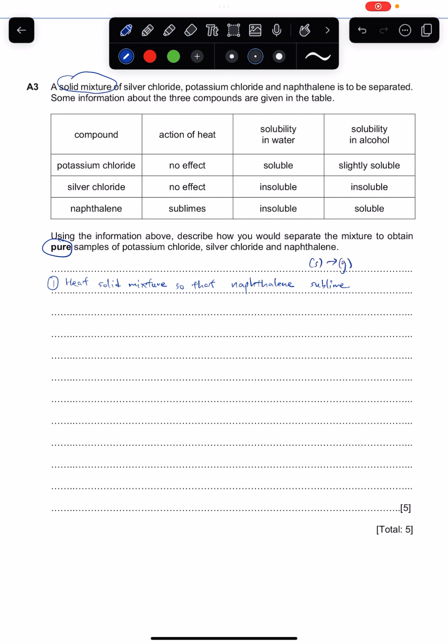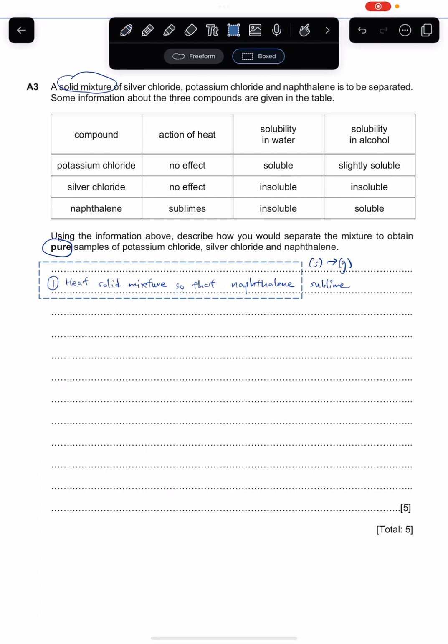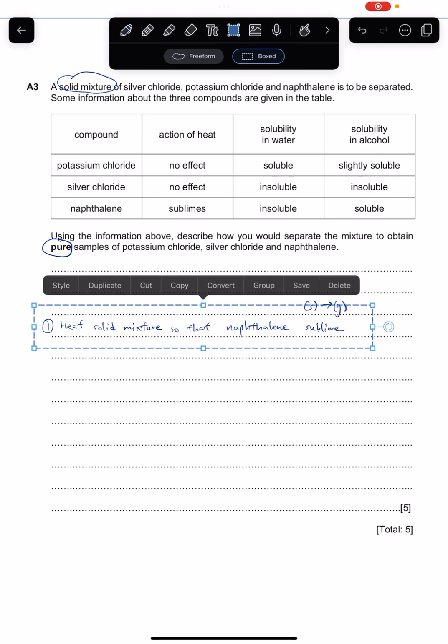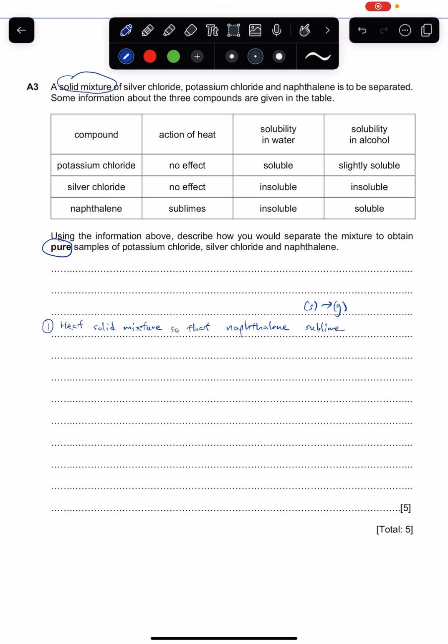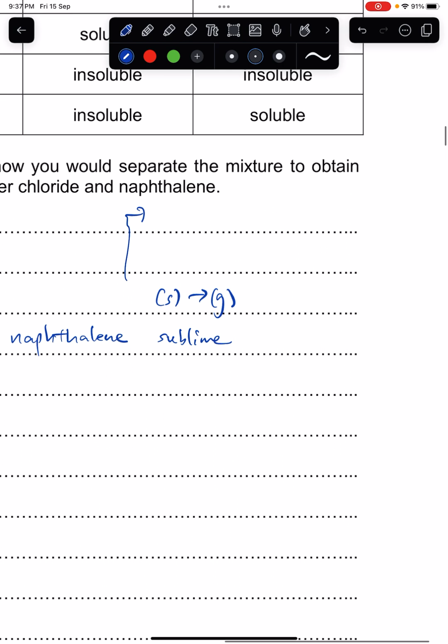If you don't recall, let me quickly recap on a few examples of sublimation. Your CO2, which is your dry ice, if you recall, they sublime. Iodine, sublime. Ammonium chloride, which is a bit weird, will become two gases, NH3 (g) and HCl (g).